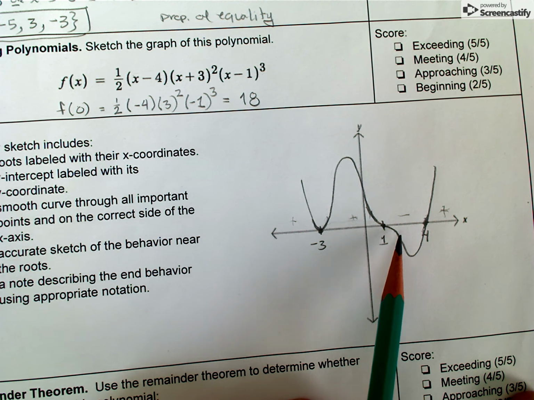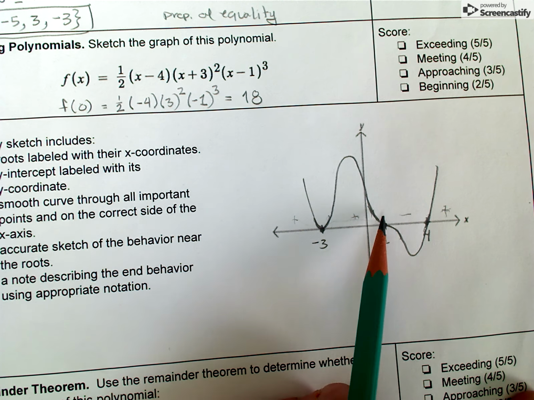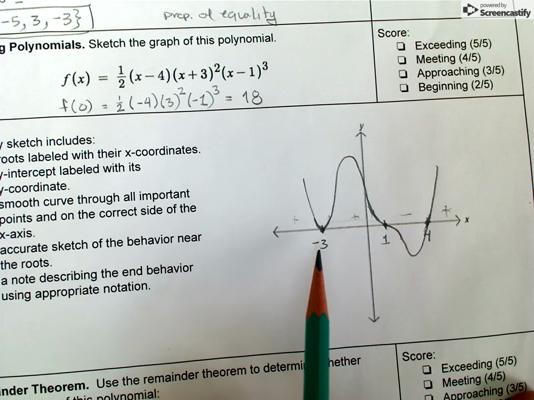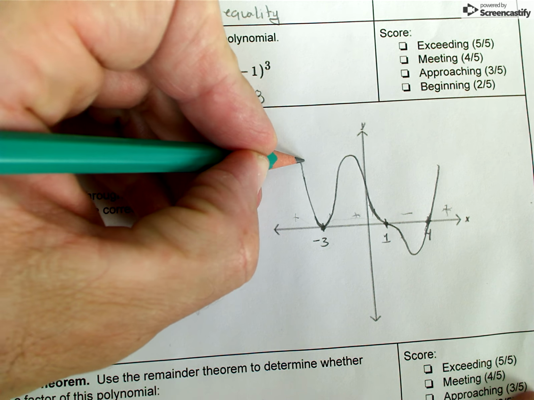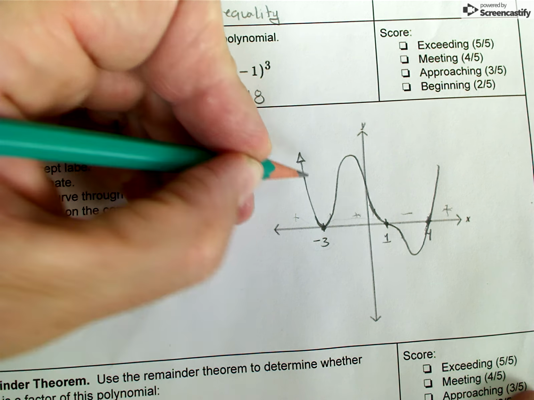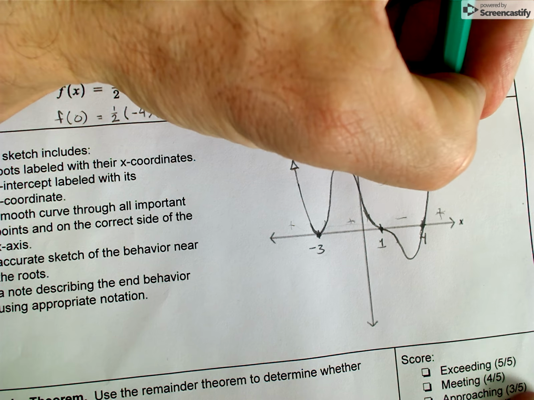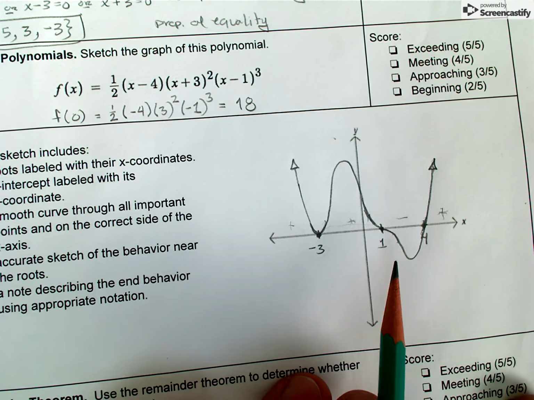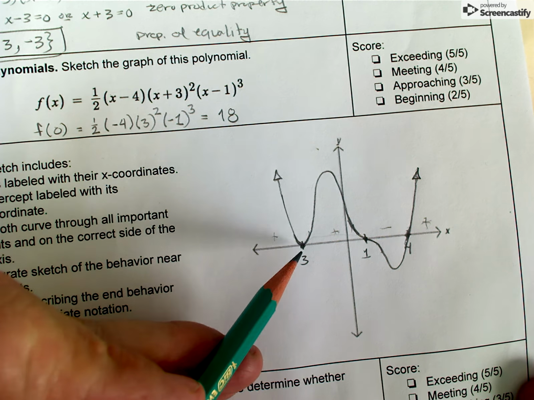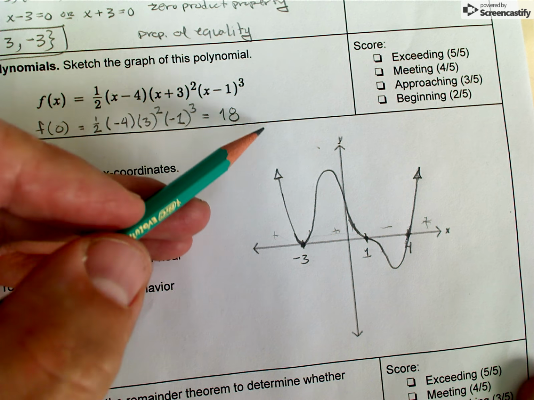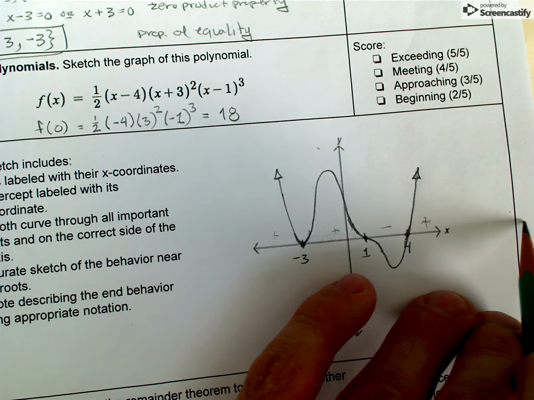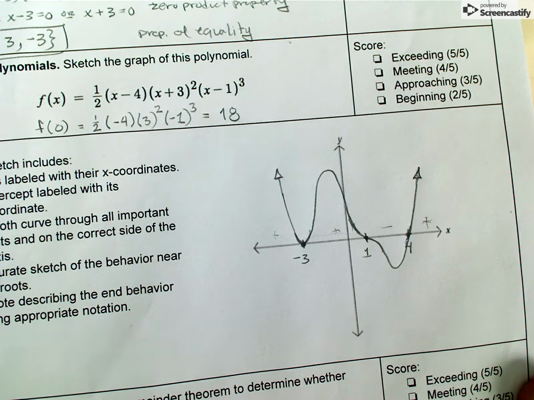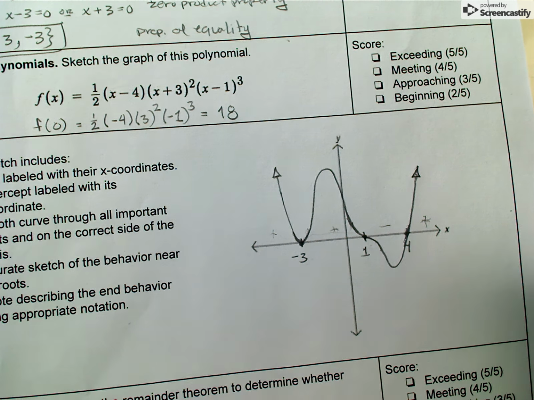Okay, I've got that root behavior, the root that's cubed has a certain behavior right here. Maybe the last thing I'll do with this line is just add the arrows on the end to express that it goes on forever. As x goes to -infinity, my graph continues to go up. As x goes to +infinity, my graph continues to go up, just like that.